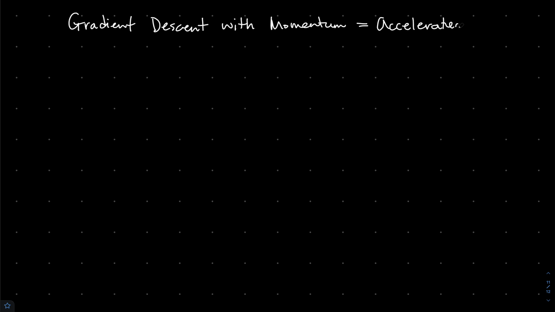Look at gradient descent with momentum. And this is accelerated gradient descent.